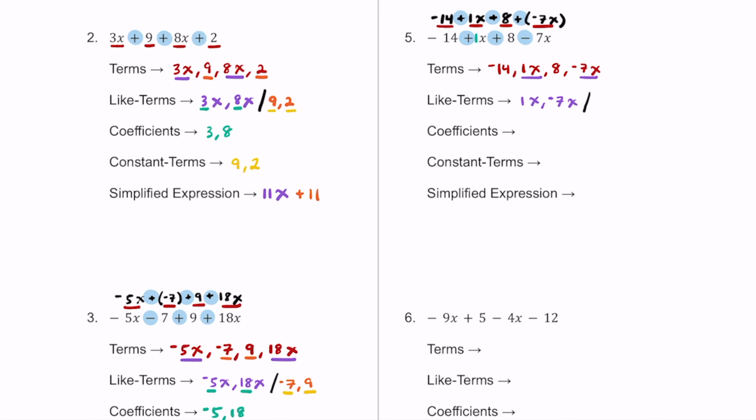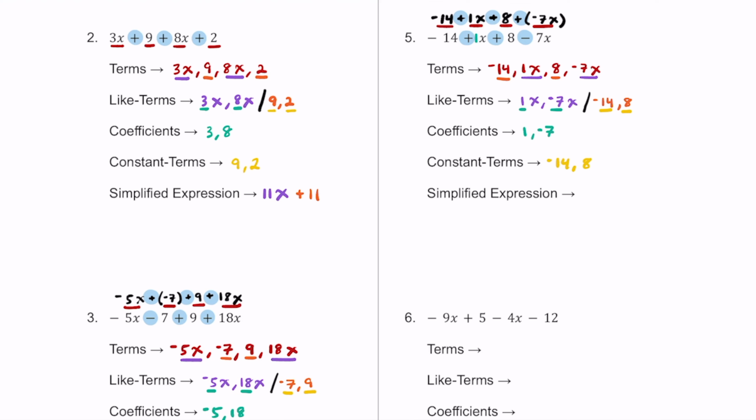And what else do we have here? Well, it looks like we have 2 constants of negative 14 and positive 8. Now our coefficients are the numbers that are multiplying by the variable, so positive 1 and negative 7. Our constants are just these normal integers over here, so we have our negative 14 and positive 8.